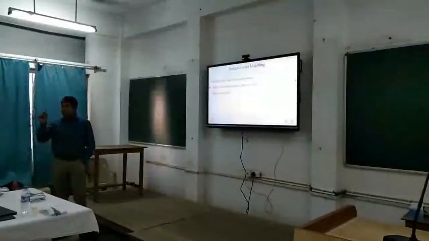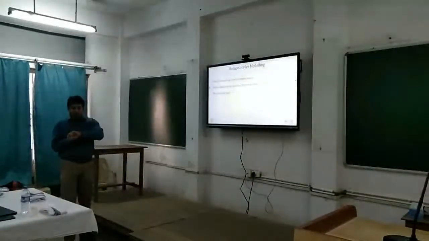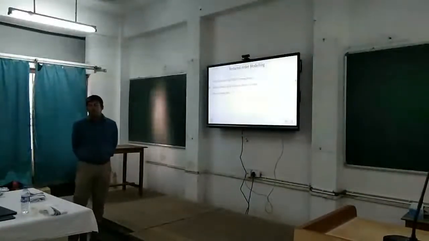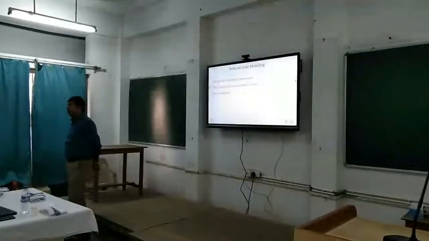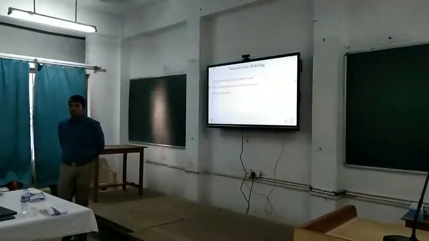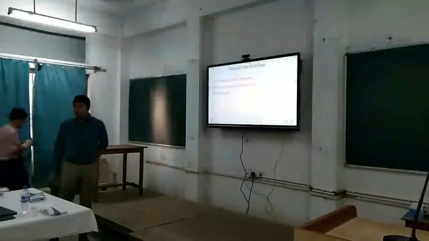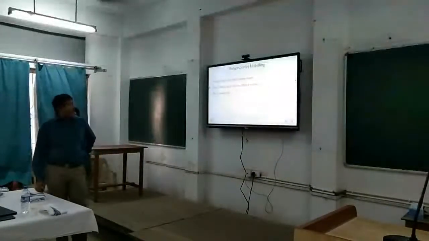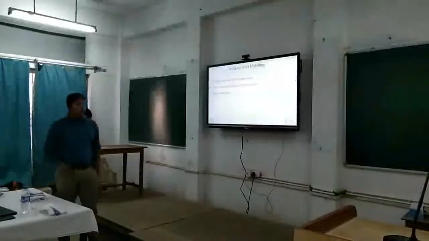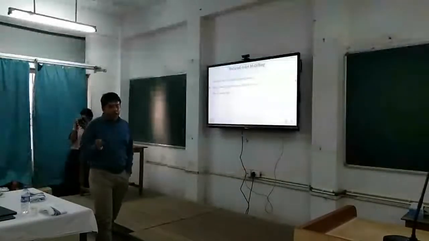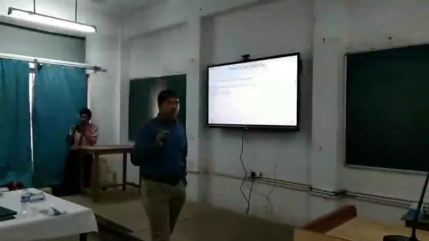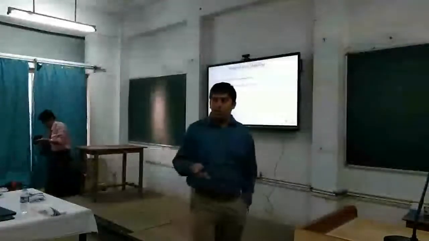In order to reduce the complexity of this type of modeling, we can adopt something called reduced order modeling. By reduced order, we mean simplifications of highly complex models. But at the cost of reducing the complexity, we also have to compromise the accuracy.